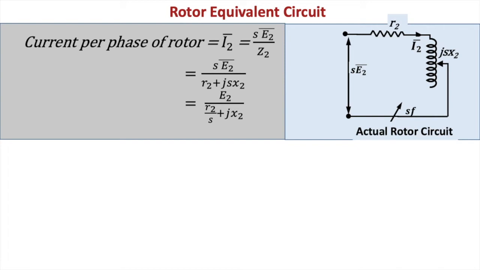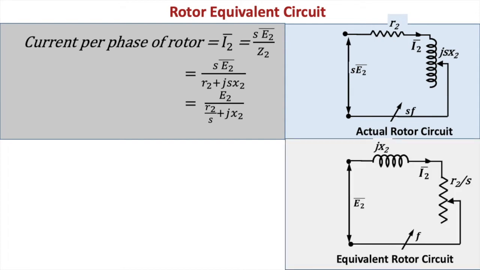Now this whole equation can be divided by the slip, and the equation becomes E2 divided by (R2 by S plus jX2). This denominator can be represented in the electrical circuit with reactance X2 and a variable resistance R2 by S, which depends on the slip of the given rotor.